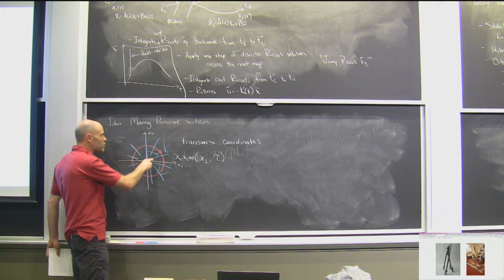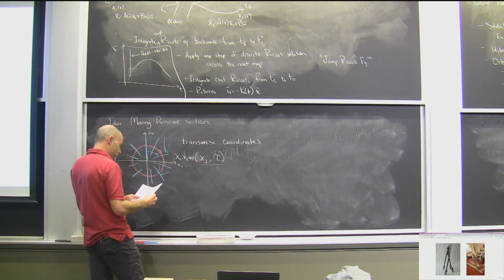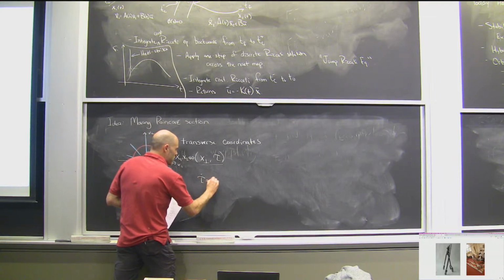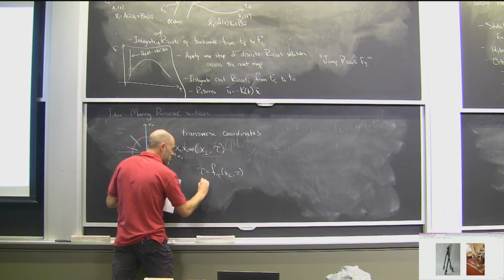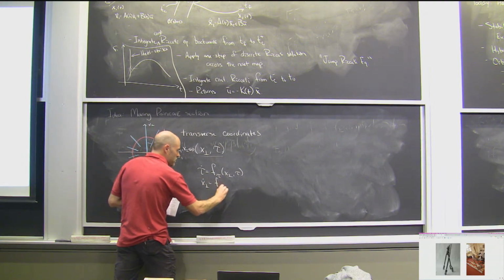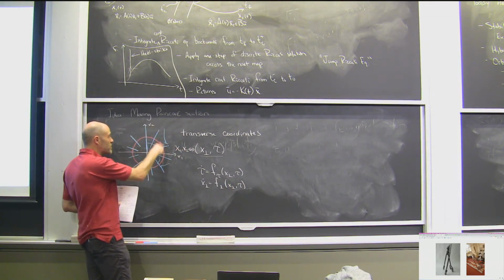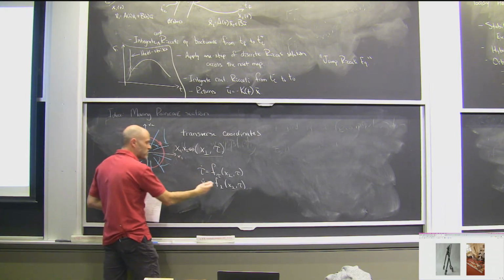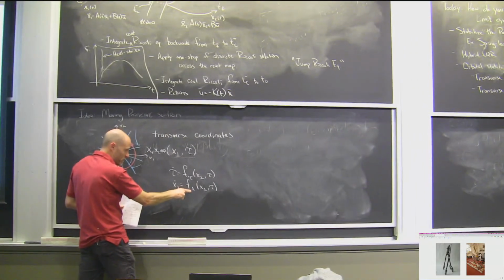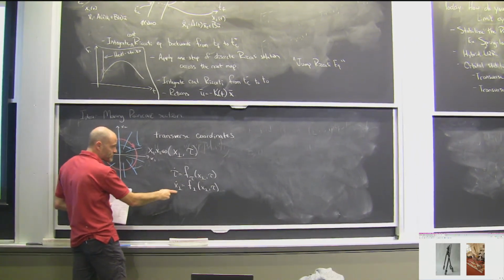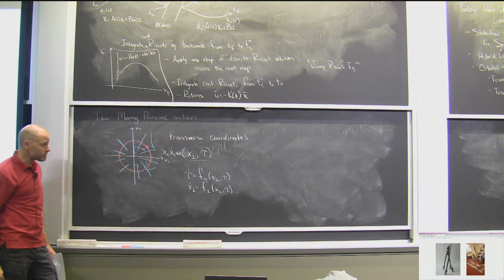What's interesting is if you rewrite the dynamics in these transverse coordinates, you can certainly do that. I can take my original dynamics in x1 and x2, apply the change of coordinates, apply the derivative of the change of coordinates. I want it to be a smooth change of coordinates, so I can make this map exist. But I can rewrite the dynamics in this coordinate system.